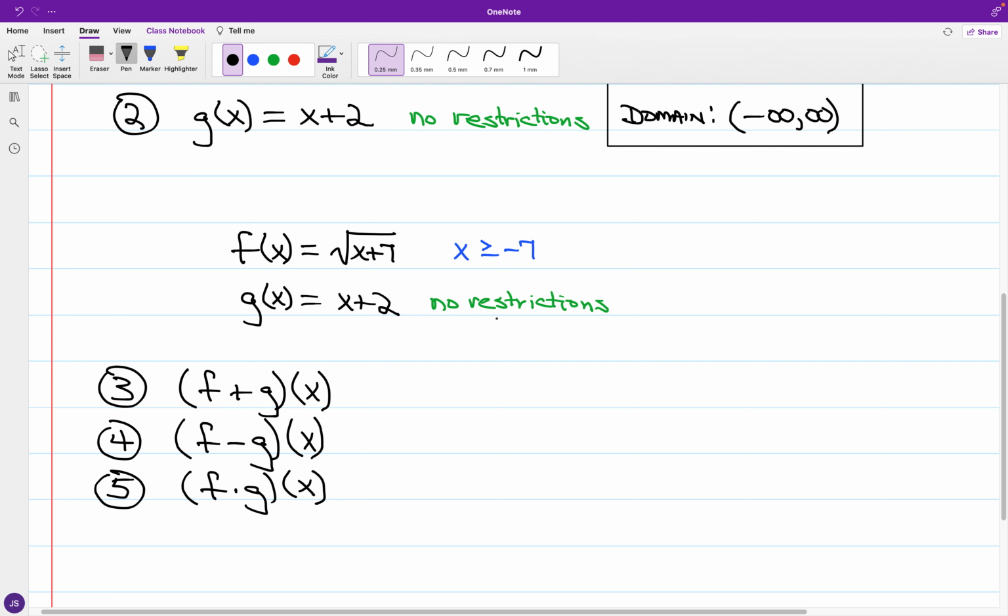Between f of x and g of x, for the sum, difference, and product functions, we're combining the restrictions from f of x and g of x. Now there's no restriction on g of x, so I can plug in anything for x for the g part. But I still have to be able to work with f of x, so x greater than or equal to negative 7 is the only restriction between the functions, and that is going to be carried over to the sum, difference, and product functions.